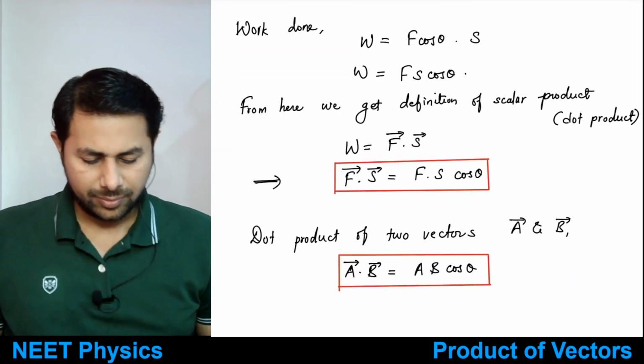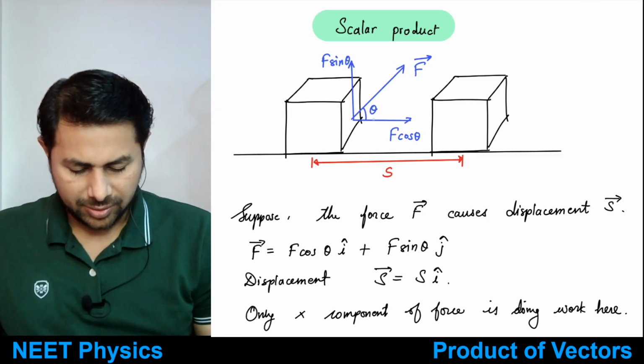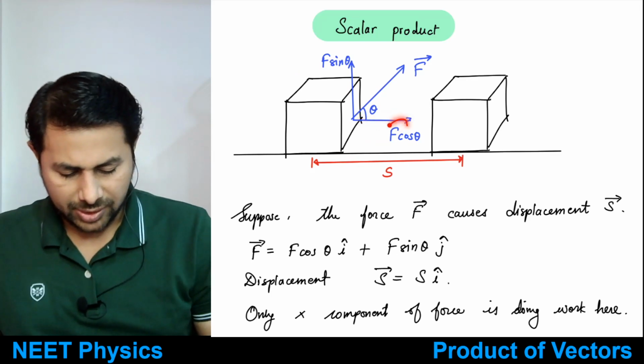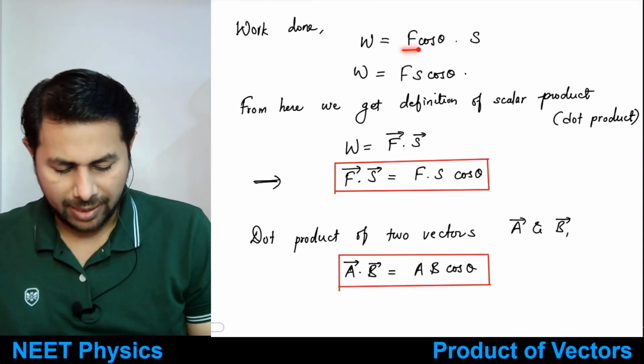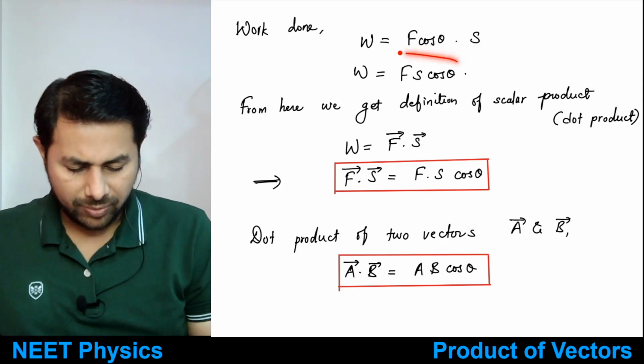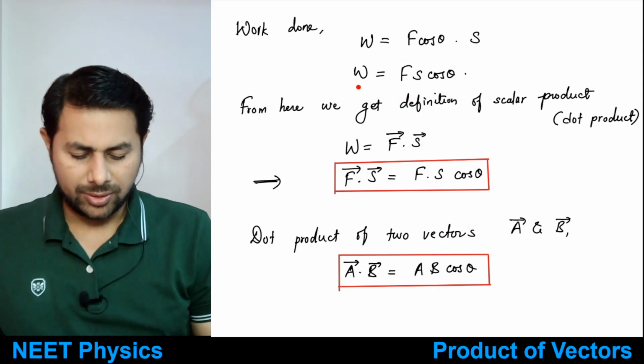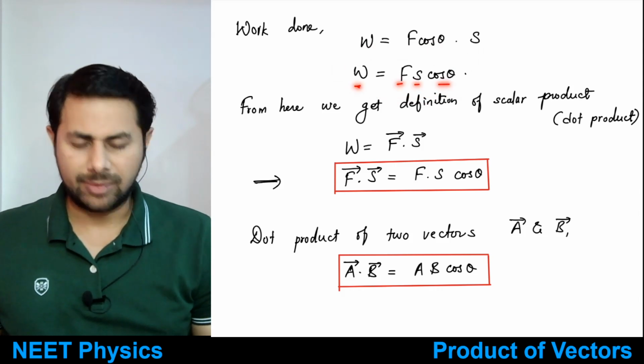So the work done can be written as the work done by the x component only, that is F cos theta multiplied by S. Therefore we get this definition of work from here. Work is equal to F into S multiplied by cos of theta.